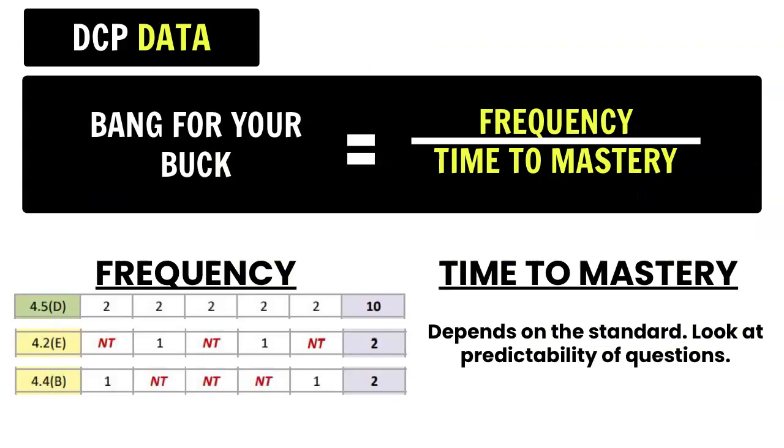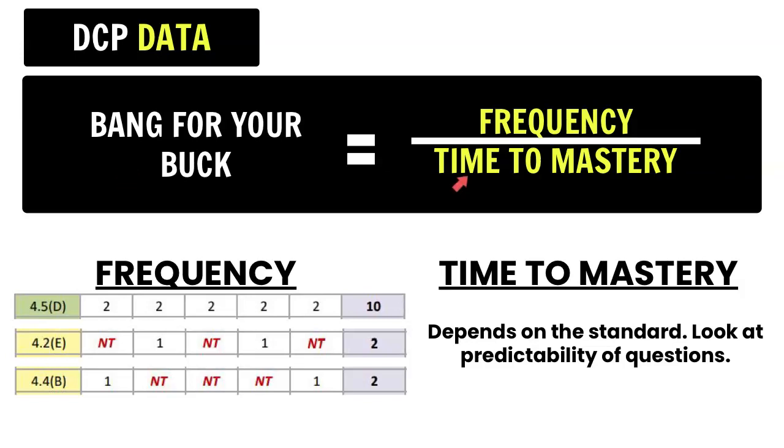In Mesquite ISD, when we look at DCP data, you're going to hear the terminology bang for your buck used often. This is just a mathematical ratio of frequency to time to mastery, and it works just like a normal fraction. A bigger frequency, which is the numerator, means that we're going to have a higher bang for your buck.